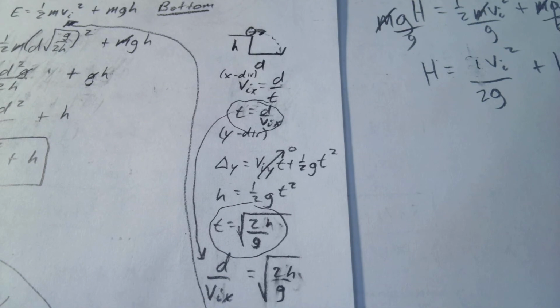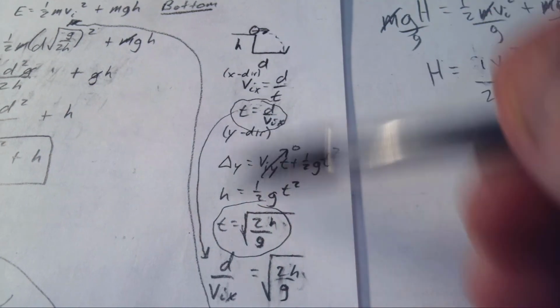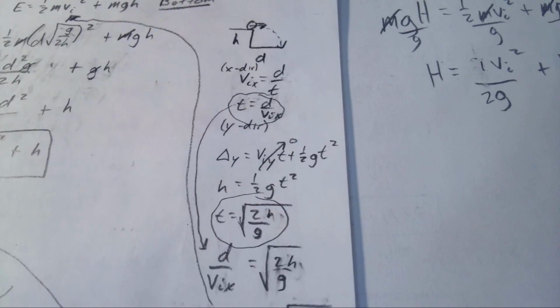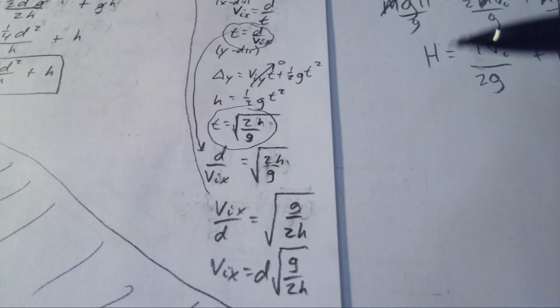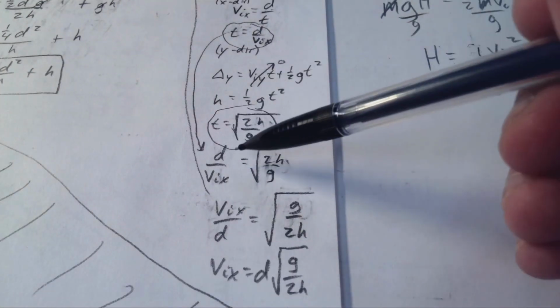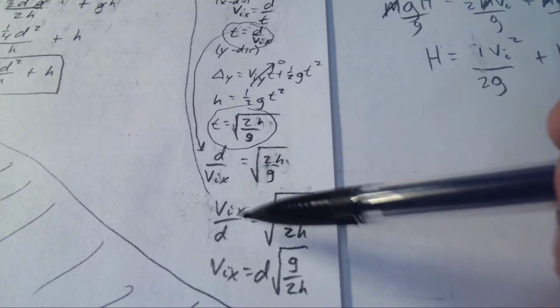And here's the thing, we talked about this in my pre-physics classes. The one variable that doesn't have a direction is time. And so those two can be set equal to each other. You do a little bit of algebra. I'm not necessarily going to go through it here. I need to get V_ix, so I'm basically going to invert both of these.